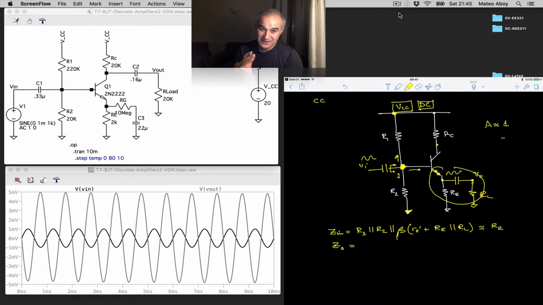Let's look at the output impedance, the impedance looking from R load. Now, from R load, if we disconnect R load, we see R load is going to be a path to ground through RE, and another one through RE prime, that then also gets in parallel with R2 and R1, because VCC, a DC source, looks like ground for an AC signal.